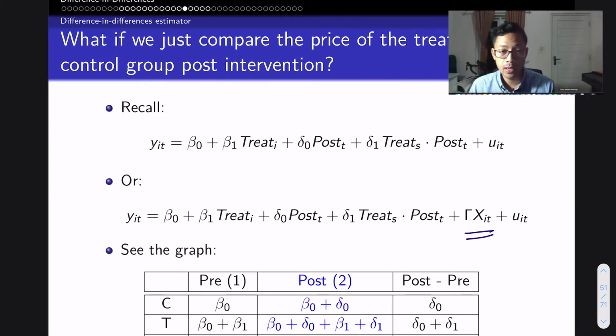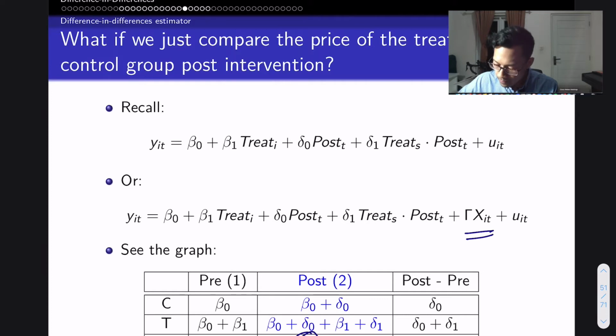It could be the size of the land, the size of the building, and so on and so forth. So again, we're going to produce a bias. So how big is the bias? Remember, delta 1 is going to be the estimated impact in this framework. So the bias is actually going to be beta 1. Now, if we go back to the equation, what is beta 1?